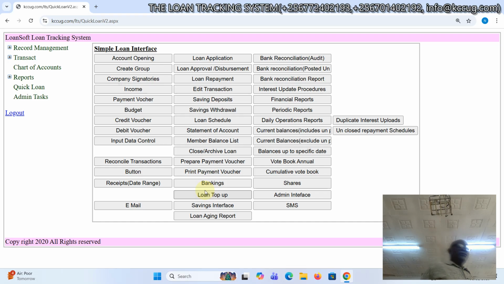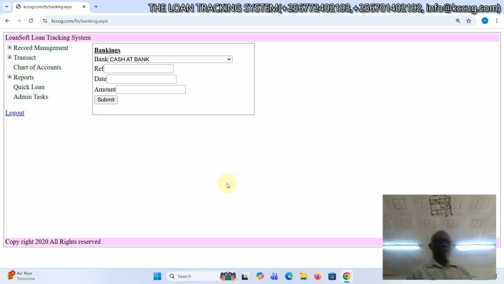So I believe in your case, what we shall do, instead of using this data account, we shall be pushing the money directly to the cash account. So once we push that money direct to the cash account, then we shall be able to use the banking option here. You just click on banking, okay?